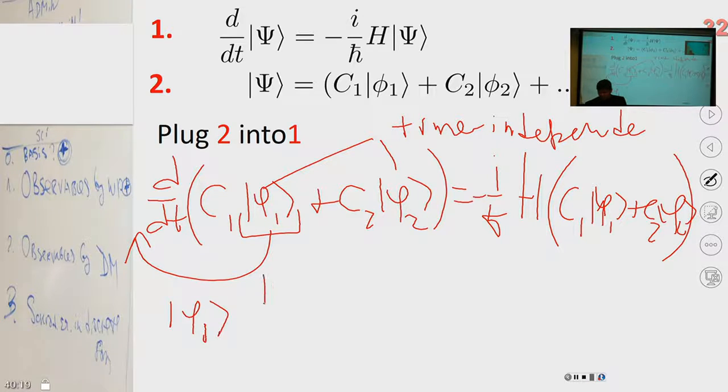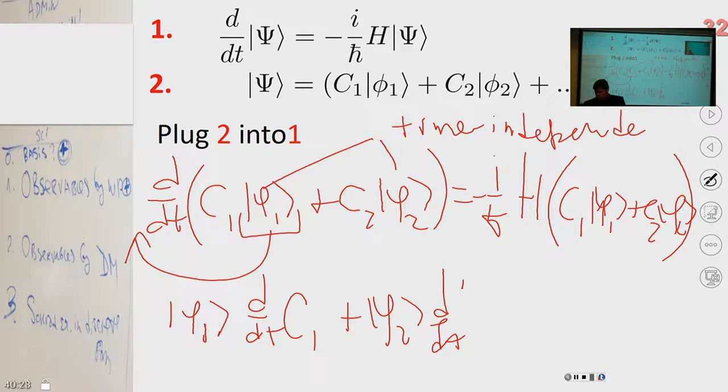Phi1 times d/dt c1 plus phi2 d/dt c2, equals the same as was here. Very comfortable. We have a term for the time dependence of the expansion coefficients.